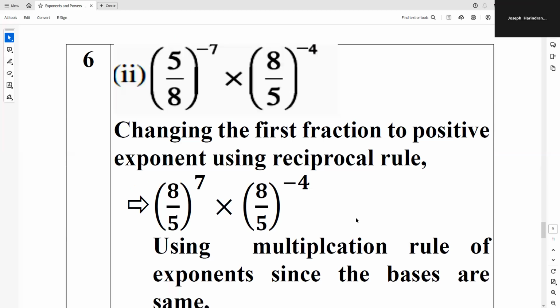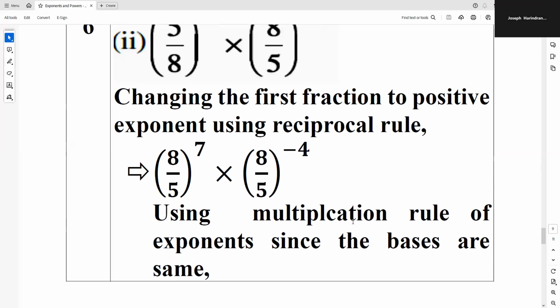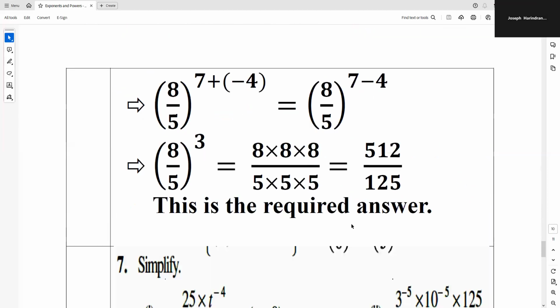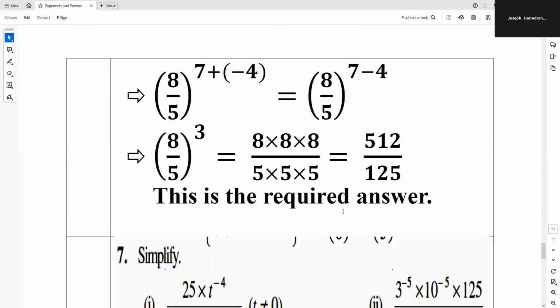Using the multiplication rule, same base multiplied with different powers, the bases are the same, so we just add the powers. (8/5) raised to the power 7 plus minus 4 is equal to (8/5) raised to the power 7 minus 4, which is (8/5) to the power 3.